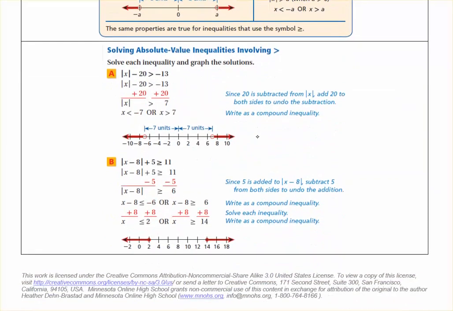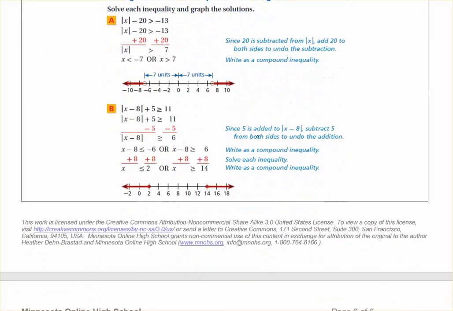So looking at letter B example here, they subtracted 5 from both sides to get the simpler inequality in the absolute value by itself on the left. Then one of them, x minus 8 is greater than or equal to 6, gets written exactly the same. The other one, you switch the direction of the inequality and you change it to a negative. And then you solve both inequalities.